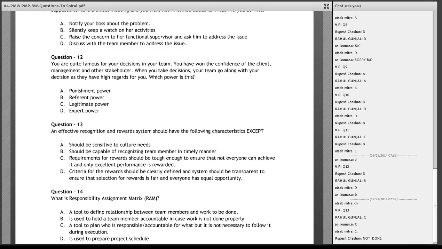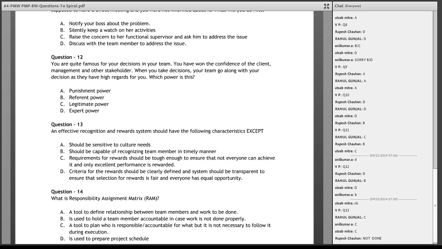The requirements of the reward should be such that anybody can achieve it, but excellent performance will be rewarded. Right? So it should not be tough enough. It should be tough only to the extent that everybody is capable of achieving it.